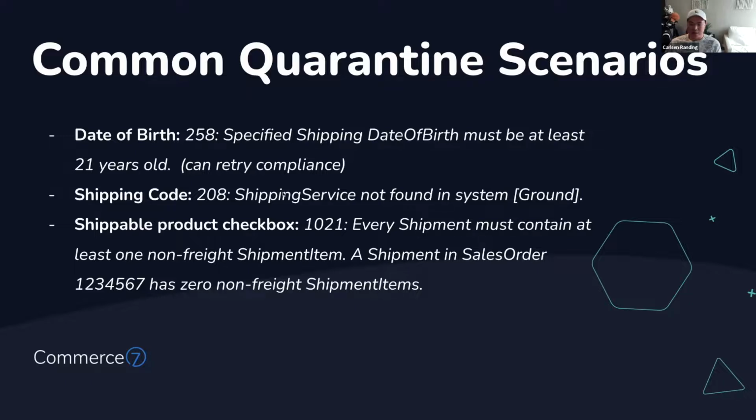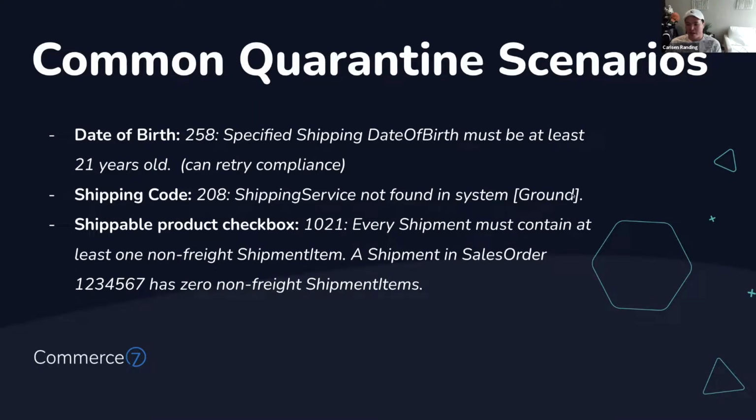This one you cannot retry because the ground code that you had is still stuck on that order. Because the order was processed when the shipping service was titled ground, that ground shipping service is going to remain with that order.